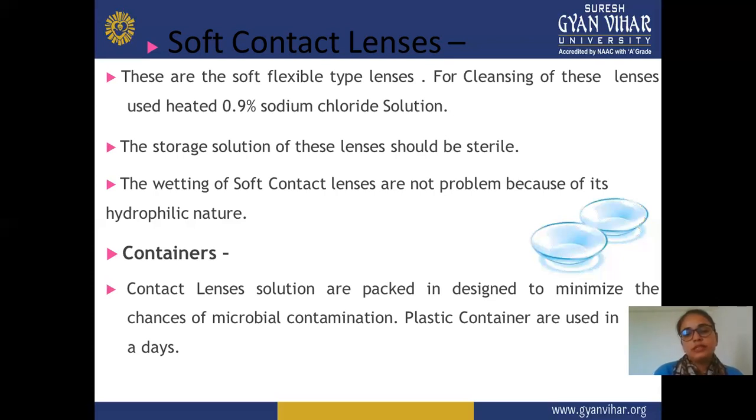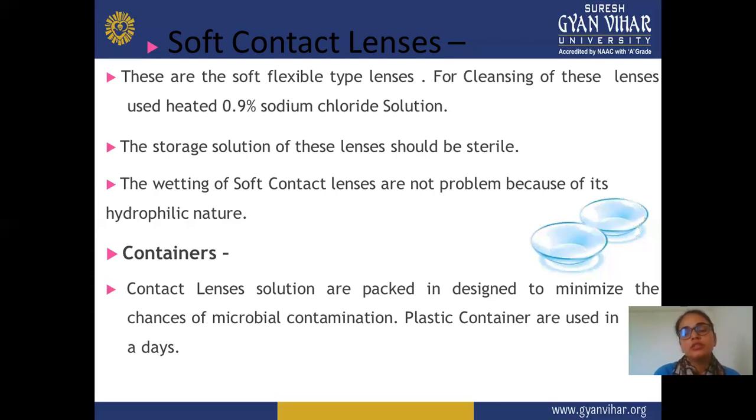Next, plastic containers are used nowadays for packing these soft contact lenses. Mainly we are using plastic containers, or we can say that some modifications have been made so that we can use plastic containers for storing these soft contact lenses free from microbes.